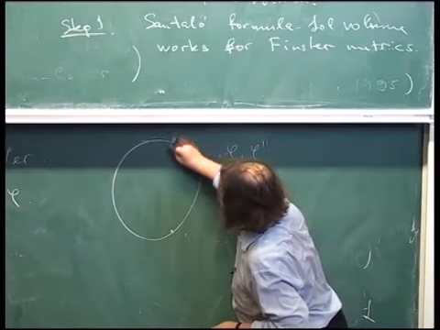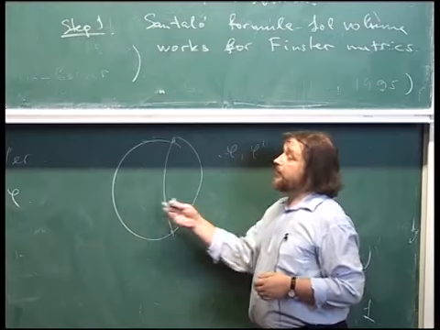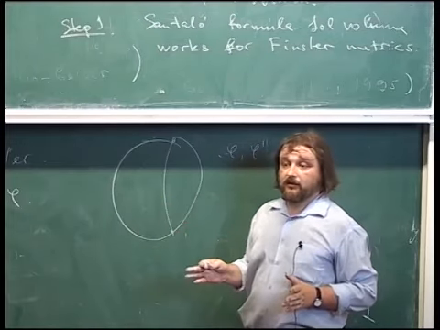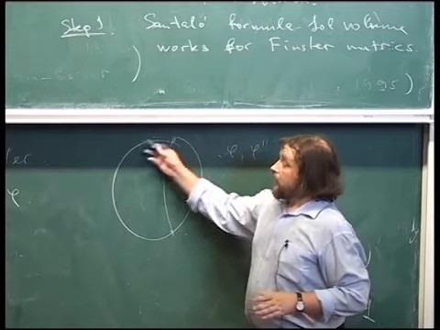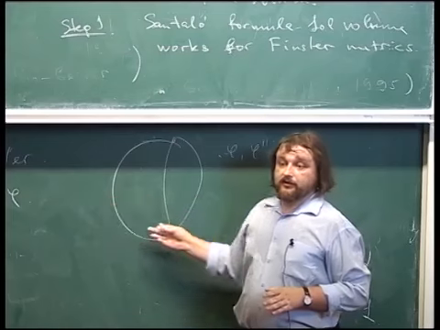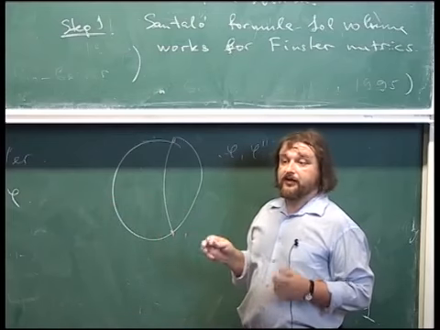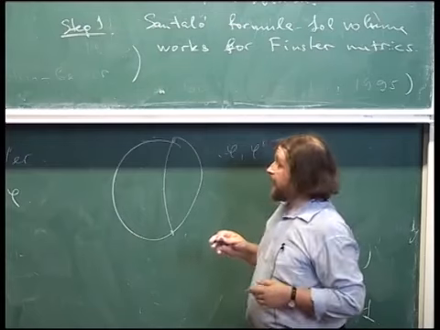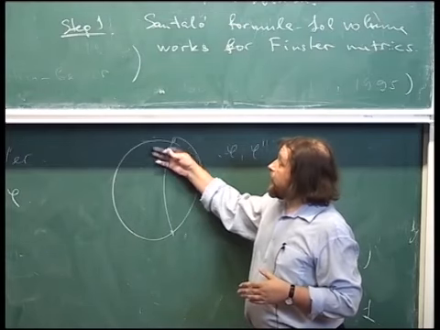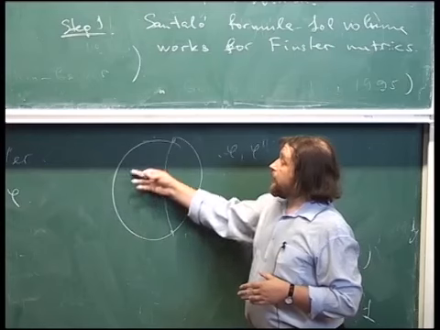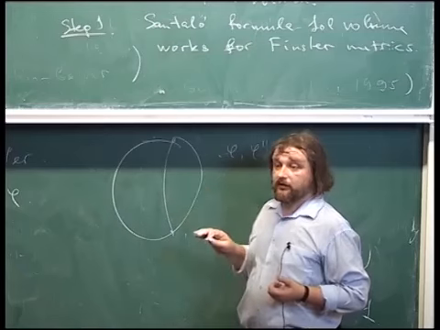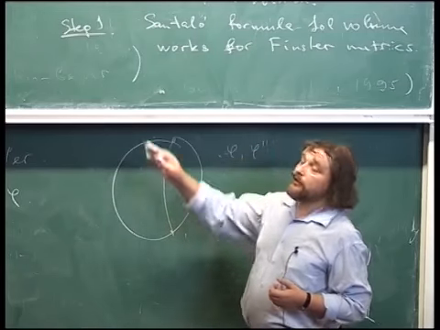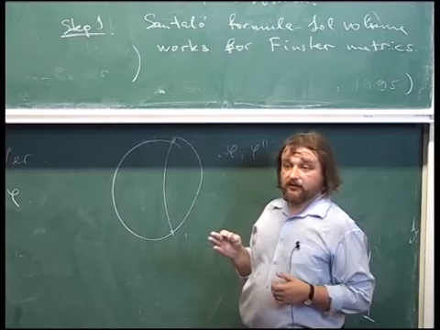But the point here is that Finsler metrics are flexible. You can perturb a Finsler metric in many, many ways so that the boundary distance remains the same. And actually, you can perturb a Finsler metric so as to induce a given perturbation of the boundary distance function. This is absolutely impossible in the Riemannian case.